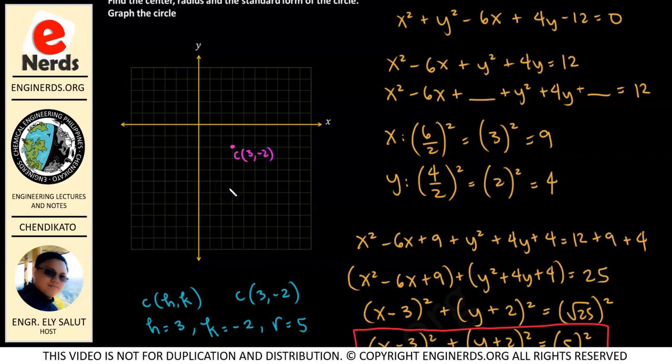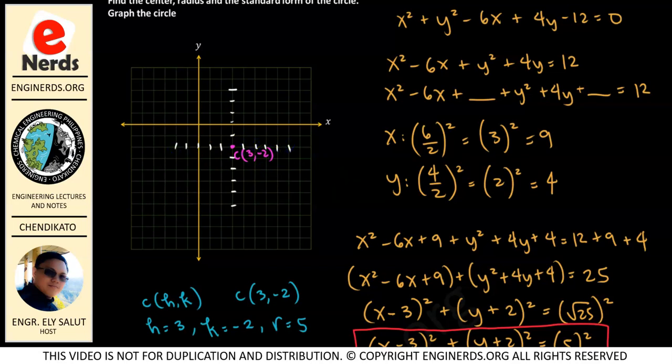Okay. So, our radius is equal to 5. So, that means we need to count 5 dito sa ating coordinates. So, from the center, 1, 2, 3, 4, 5, in each direction.